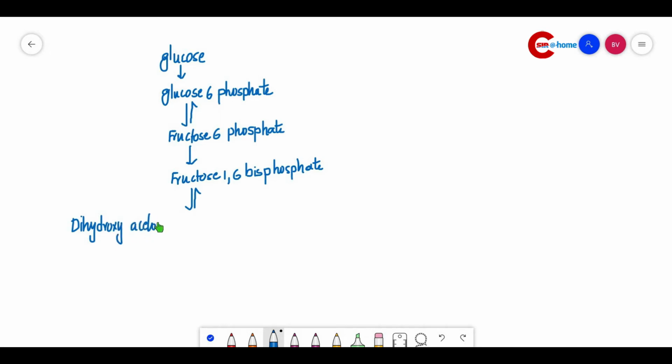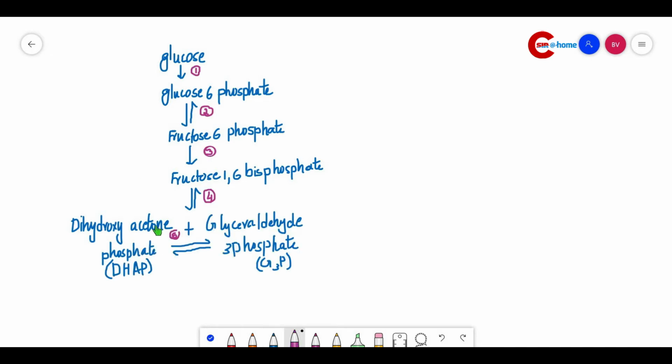When fructose 1,6-bisphosphate is converted, 96% is dihydroxyacetone phosphate, and the rest is glyceraldehyde 3-phosphate. And these steps from 1 to 5 are known as the preparatory phase. In glycolysis, there are 2 phases, that is the preparatory phase and the payoff phase.